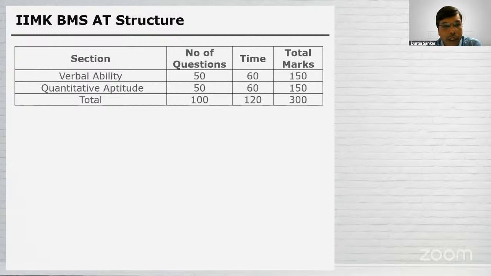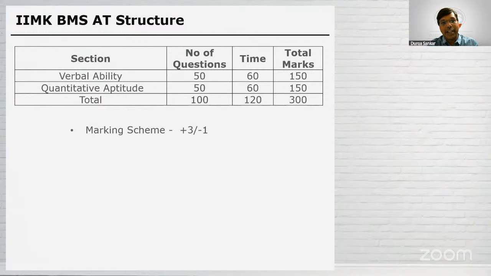So there is equal importance to both sections: equal number of questions, equal duration, and equal marks. The marking scheme was 3 marks for a right answer and -1 for a wrong answer, so there's a penalty of 1 mark for every mistake. All the questions are essentially MCQs, multiple choice questions.